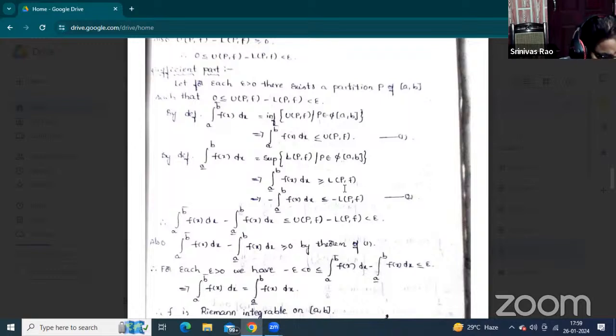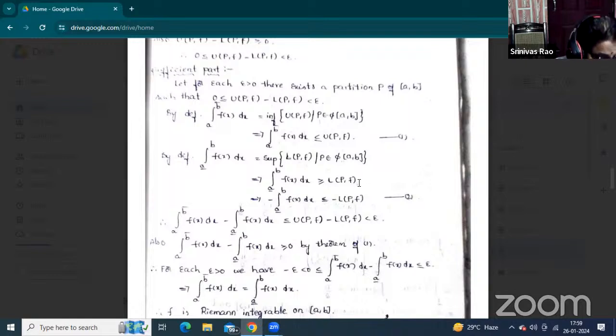Now, negation is also applied here. The negation of the lower Riemann integral is less than or equal to the negative of the lower Riemann sum, because the negative of greater than or equal to is less than or equal to.